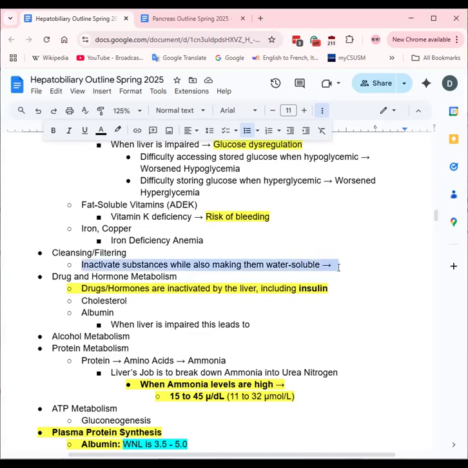So why is turning things more water soluble good for getting rid of them? Yeah, so the kidneys can have an easier time getting rid of them through urine.